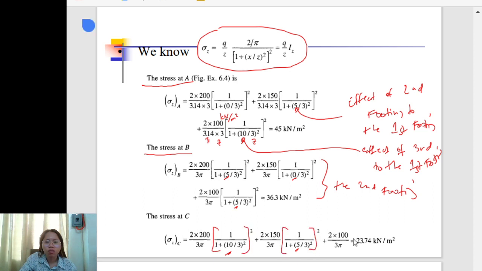So that I won't get confused. Yes, 2 times over 3 pi. 0 to the power and power is 1.